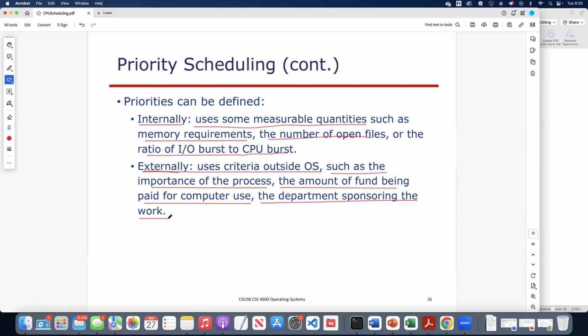For example, if a process is very important, it may have a higher priority. If the user pays more money for the computer use, the process or program of this user may have a higher priority. The sponsor department's program or process may also have a higher priority.